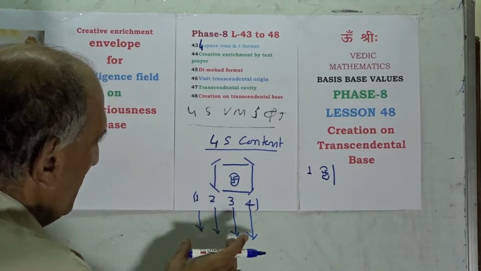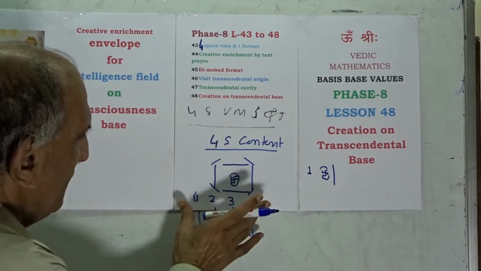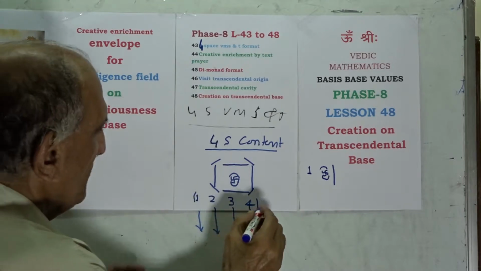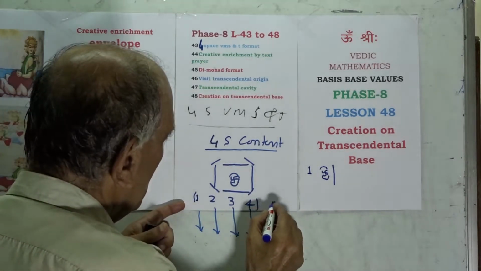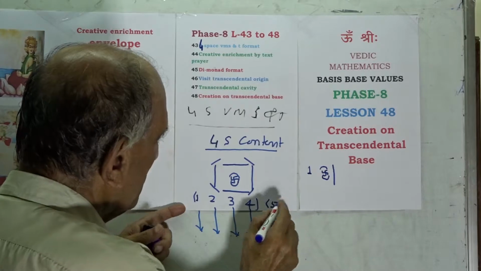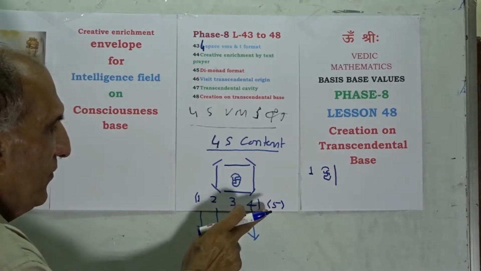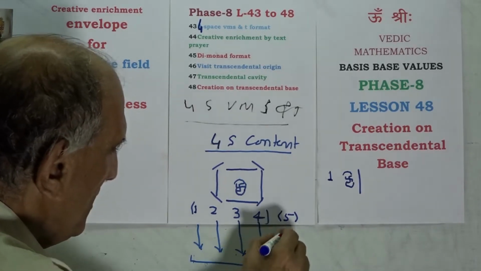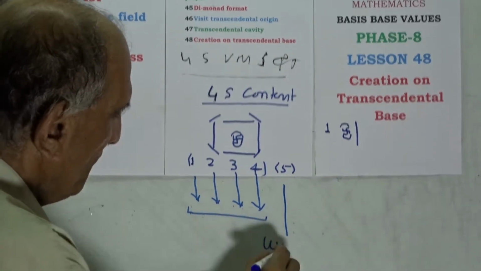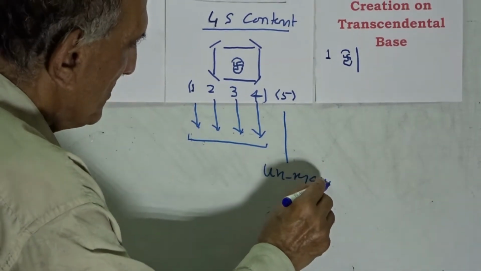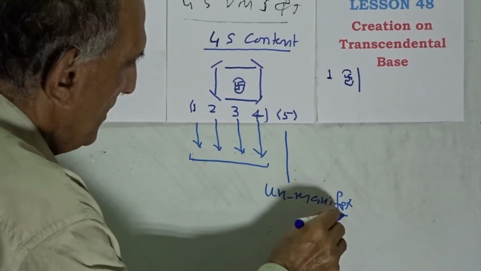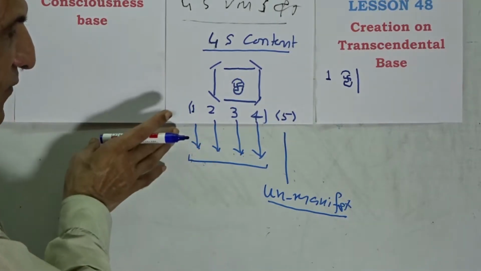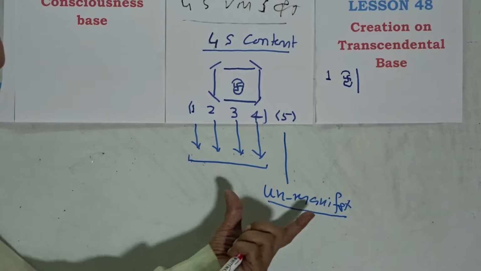However, these 4-fold manifestations get a support from the 5th additional layer, and it is the availability of this 5th layer which, in the context of these 4 folds, is unmanifest. Therefore, this unmanifest base of the creations is the real focus because it remains unmanifest.